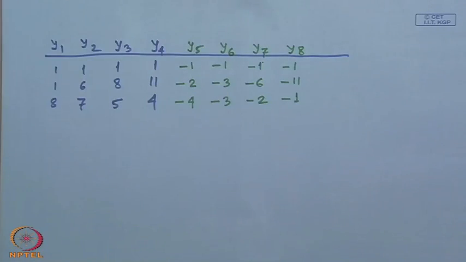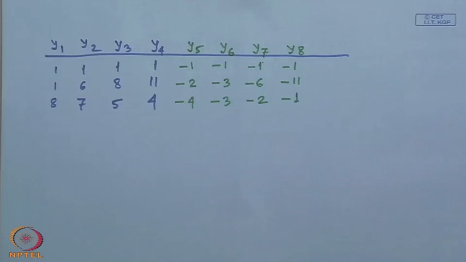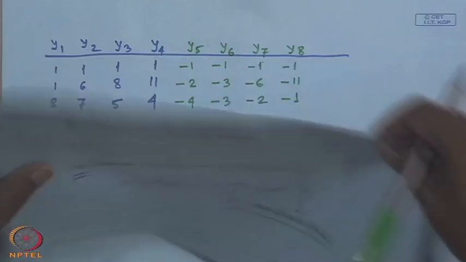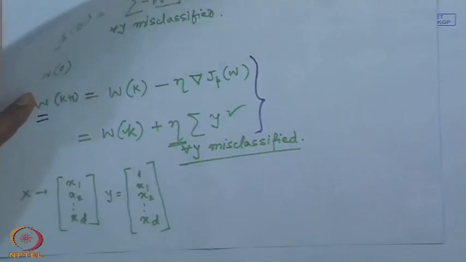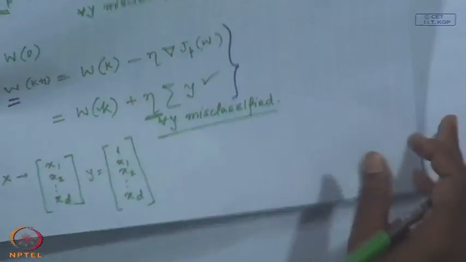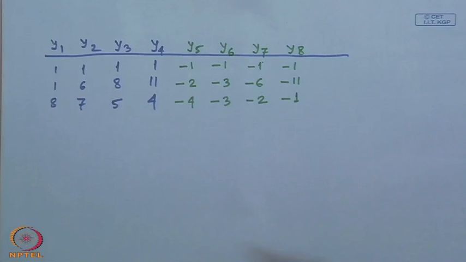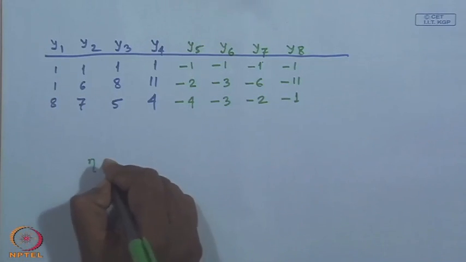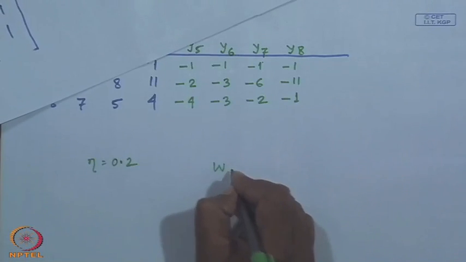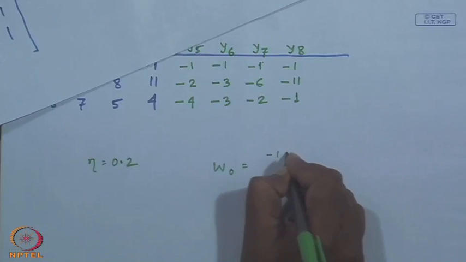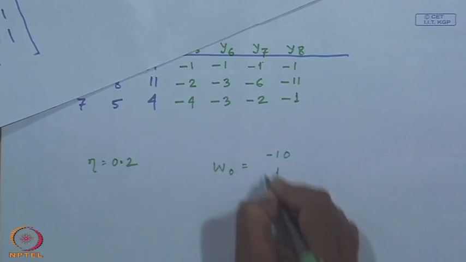So, these are all my modified samples. And if you look at this algorithm, this eta indicates the rate of convergence. Let me take this rate of convergence eta equal to say 0.2, and as I said my initial weight vector w 0 is minus 10 1 1.